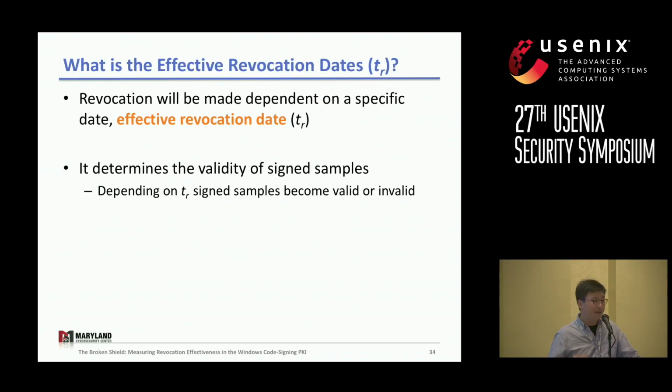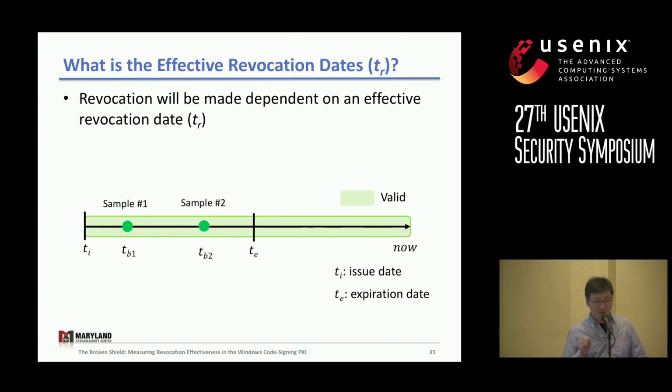In codified PKI, revocation is made dependent on a specific date, which is the effective revocation date, TR. The effective revocation date determines the validity of the signed samples, and depending on it, a signed sample becomes valid or invalid. I'm going to give you an example.